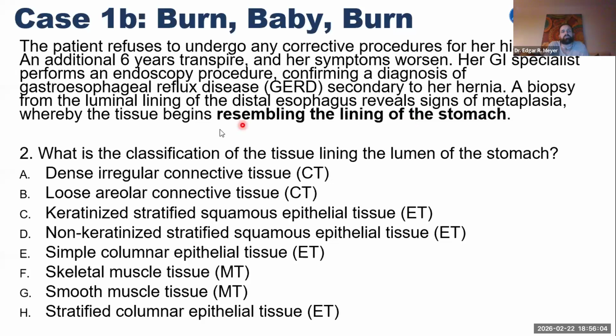Okay, this is just a fancy word where tissues begin transforming and start to look like tissues of other organs, so tissues that do not belong in that organ. And in this case, the metaplasia is causing the tissue to resemble the lining of the stomach. So the question is, what is the classification of the tissue lining the lumen of the stomach?